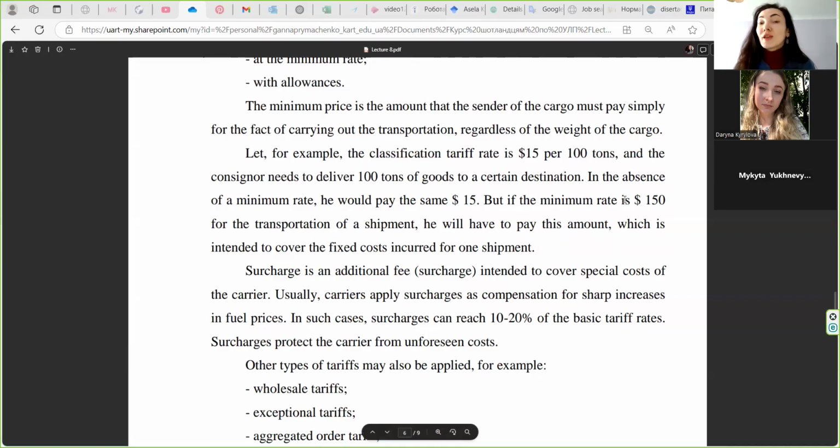But if the minimum rate is $150 for the transportation of a shipment, he will have to pay this amount, which is intended to cover the fixed cost incurred for one shipment. So, such a charge is an additional fee intended to cover special costs of the carrier.